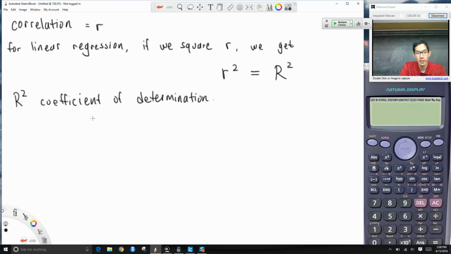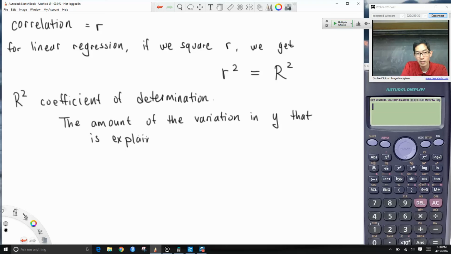The coefficient of determination can be defined as the amount of the variation in y that is explained by the variation in x.